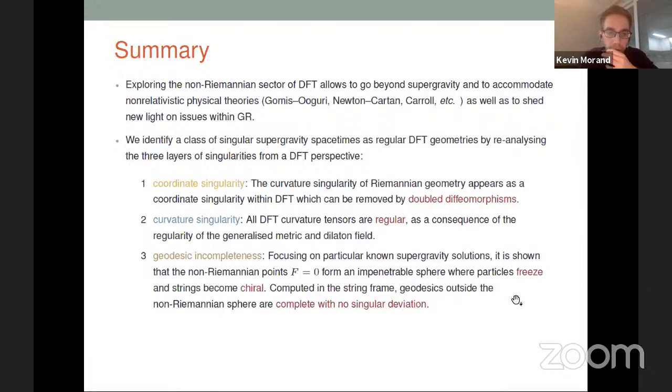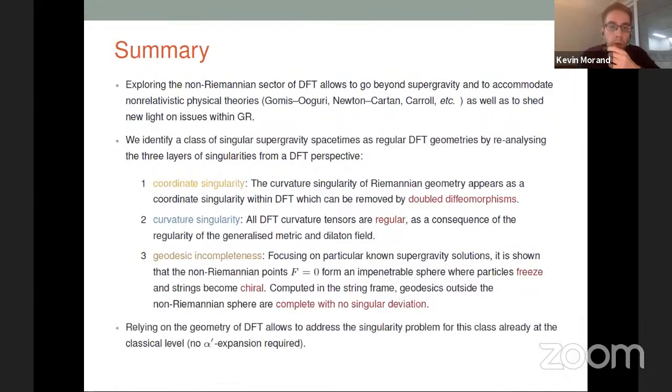So this is regular. The main point is that when we switch from the geometry of GR to the geometry of DFT, we can address this singularity problem, at least for this particular class of supergravity spacetimes. And this is already at the classical level. So we don't need any alpha prime expansion in order to cure this singularity problem at this level.